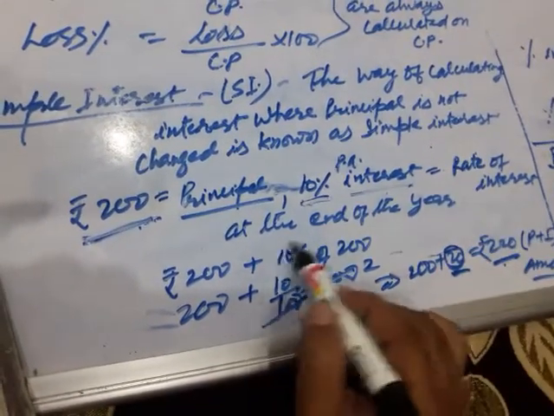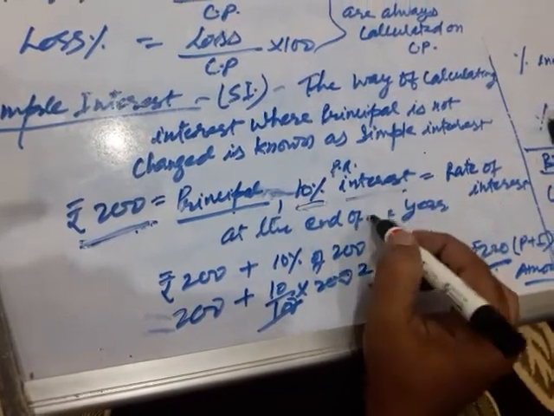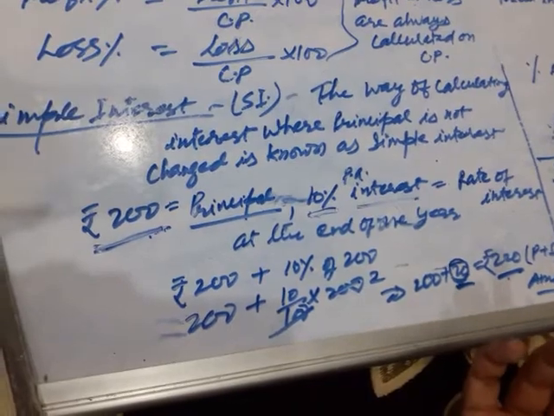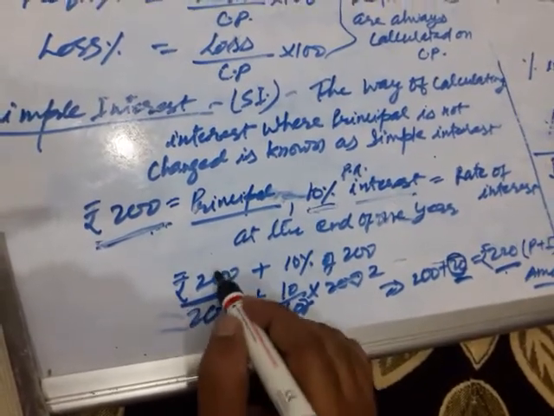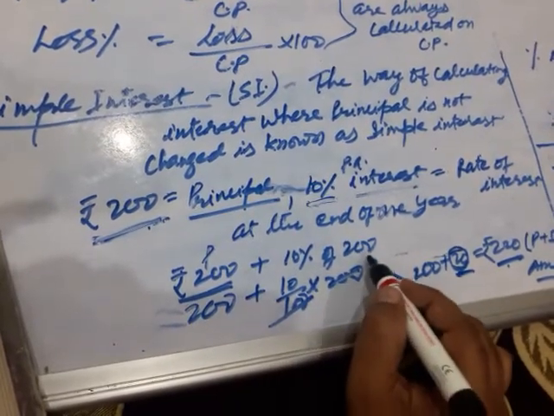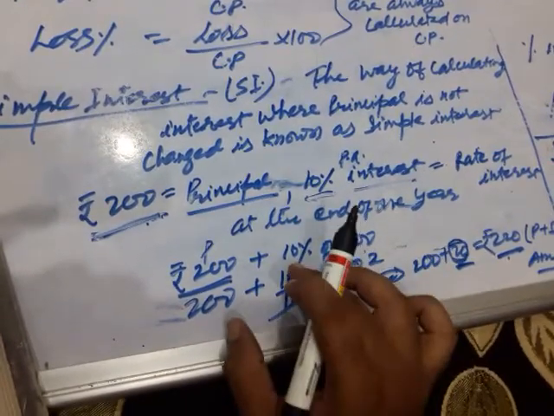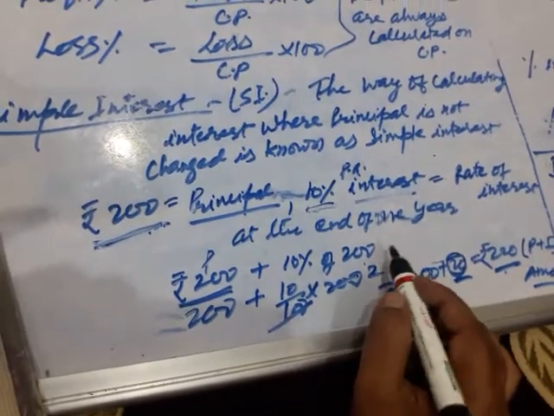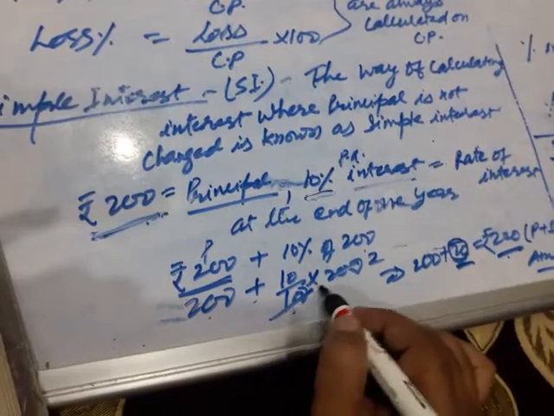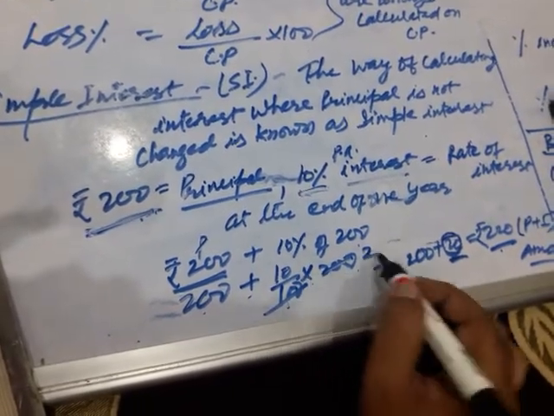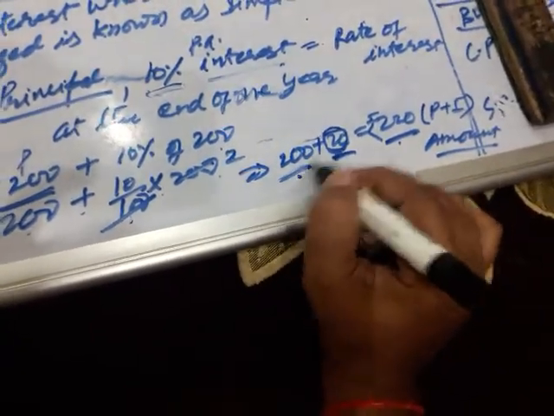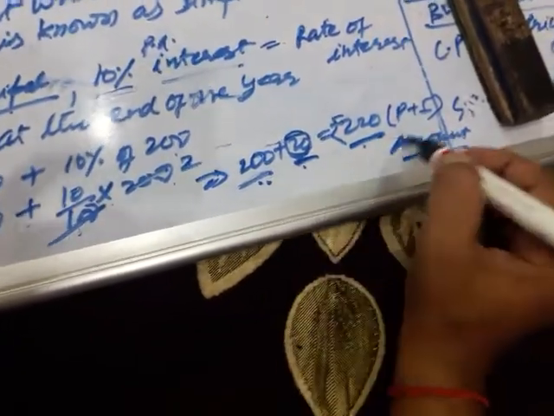Now at the end of 1 year, see how the person will return the money. Rupees 200, that is principal, he will return, plus 10% of 200 extra. 10% of 200 is called interest. 200 plus 10% of 200, that is 10 upon 100 multiplied by 200, so he will return you 200 rupees plus 20 rupees, that is 220 rupees.